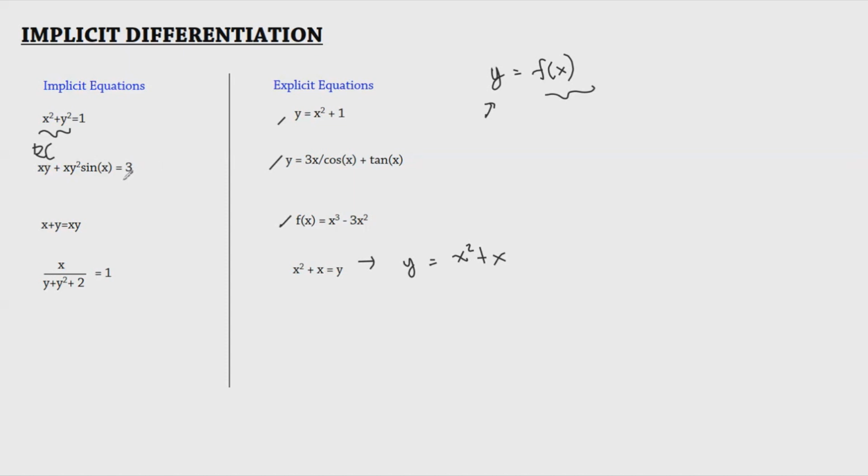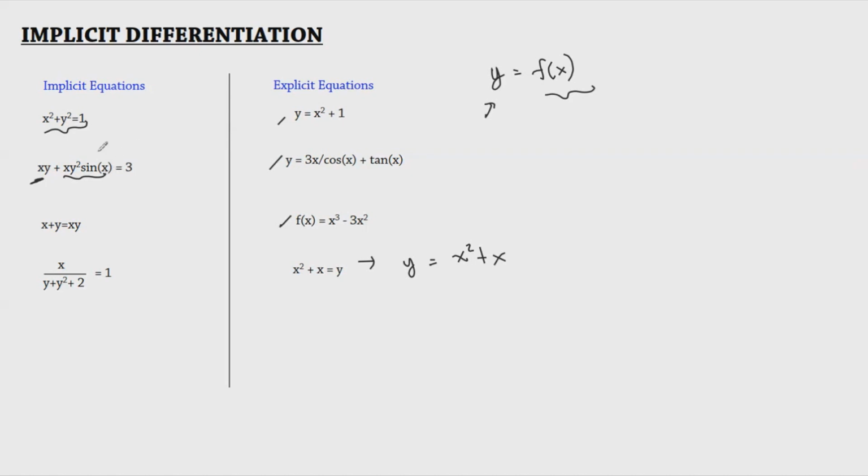Implicit equations are actually easy to identify. If you look closely at this equation, x squared plus y squared are mixed on the same side of the equation, so we call this implicit. In this one, x and y appear in just one term, and they're just multiplied.